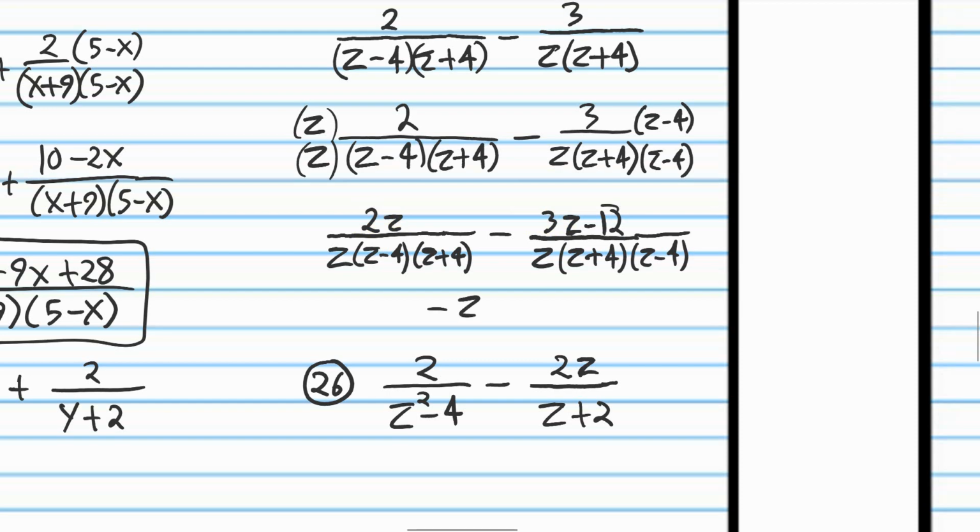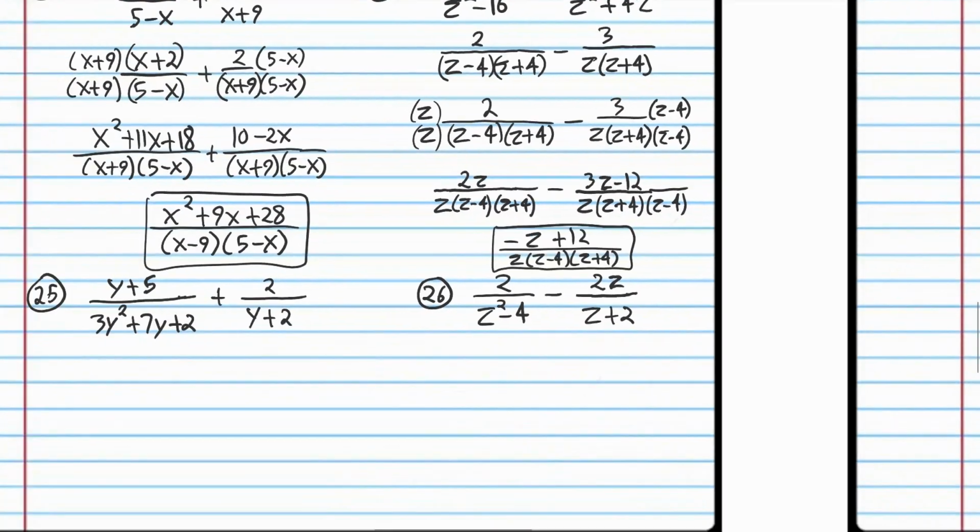And we have minus negative 12, and then we're subtracting, so it becomes positive 12. And then we just rewrite the denominator. So if you got that answer, good job.